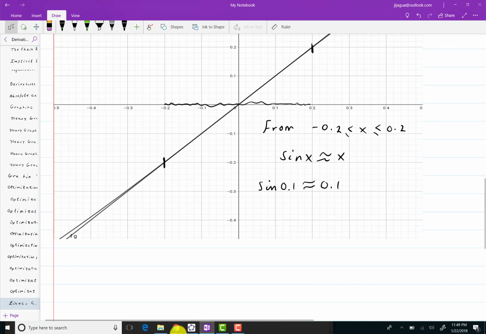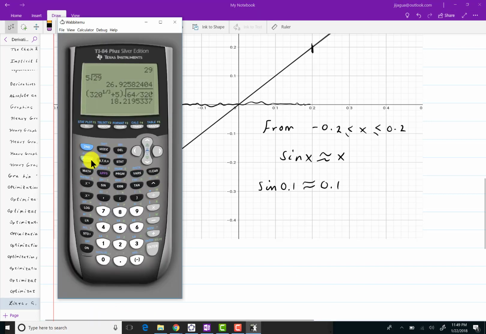Let's test it out on your calculator. As a reminder, when using your calculator, make sure that the mode you are in is radian. That way this will all work. Whenever you're dealing with trig functions, and here when you're treating an angle or a distance interchangeably, you want to be in radians because degrees cannot do that.